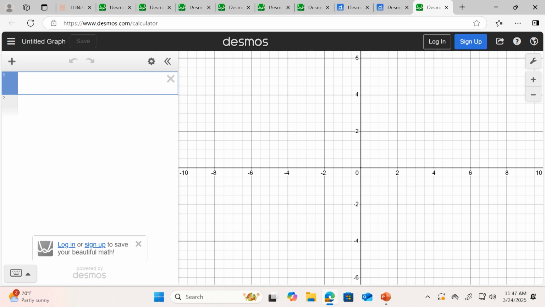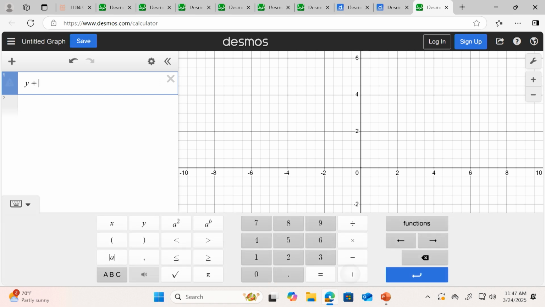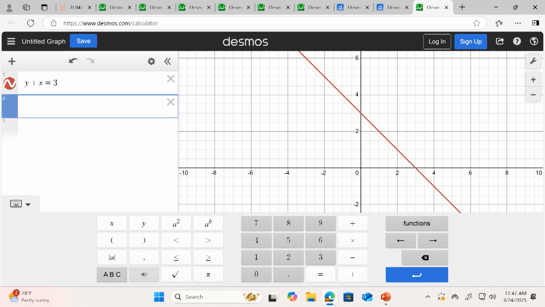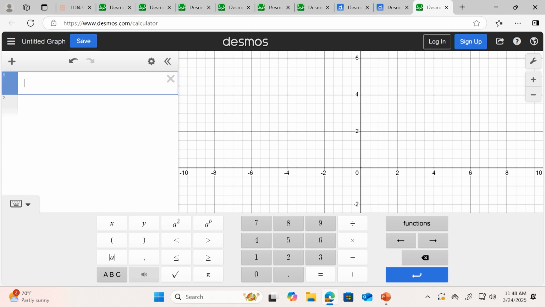First I'm going to put my first answer choice, which is y plus x equals 3 and y equals 2x plus 1. Are they parallel? No, these are not parallel. These actually intersect. So I know the first one is not my answer choice. Let's go to the next answer choice.